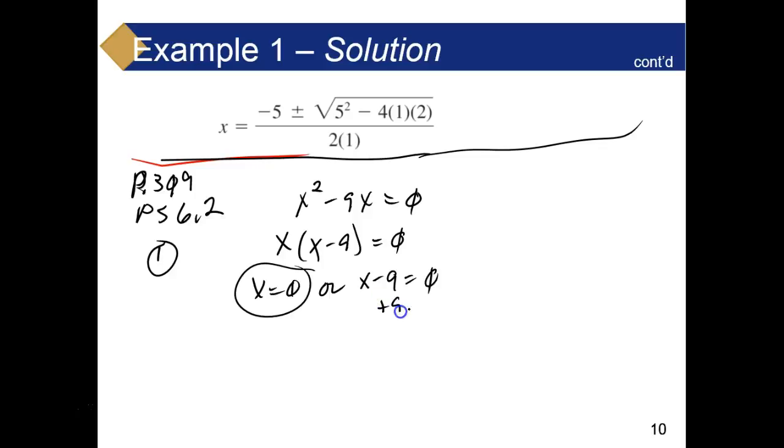Add 9 to both sides, and you get x equals 9. I can think of at least 2 of the problems that were on the quiz that were just like this. So this is basically chapter 3 material, and I think most of you did it well. There are your 2 solutions.